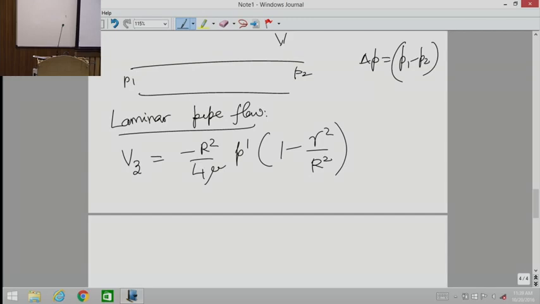Here P prime is P2 minus P1. It's not the pressure drop, it is the pressure gradient, whereas minus of P prime is what we will be putting in the form of delta.